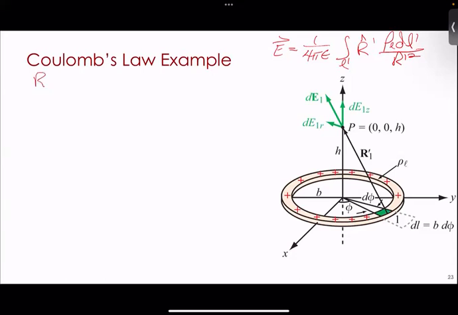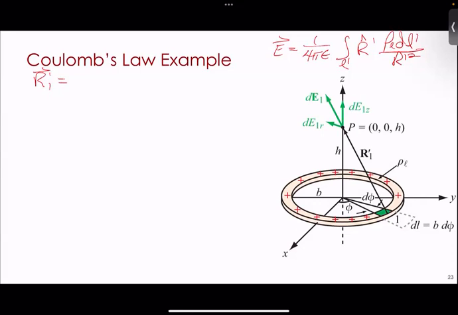So if you got this problem, even if you didn't know where you were heading yet, it'd be a good idea to write down what R1 prime is. You need to break it down in terms of the vector components. So we probably want to use the cylindrical coordinate system here because it's kind of a cylinder.